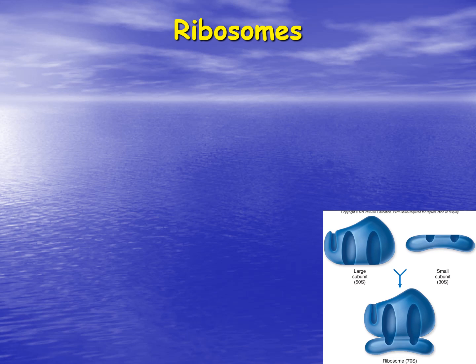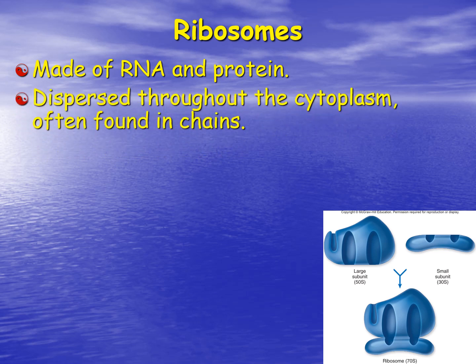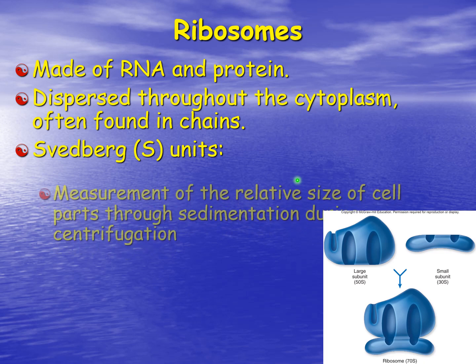The ribosomes are little protein factories made up of RNA and proteins. They're dispersed throughout the cytoplasm in the prokaryotic cell, and they sometimes can even be found in chains. They are made up of 2 subunits, a large subunit and a smaller subunit, and these are measured in Svedberg units, or S units.